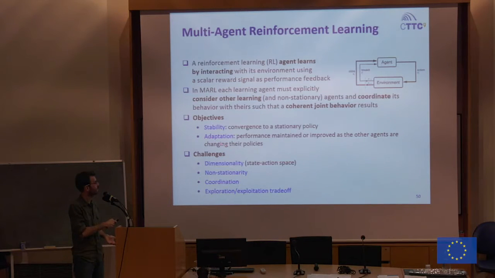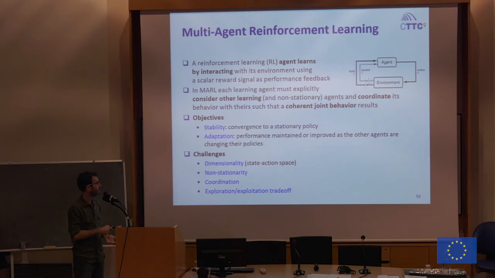And then some adaptation, as I said before. I need the performance of the agents and of the whole system to be at least maintained or improved over time. Otherwise, there is no change; I'm not learning. Then there are some challenges when I have to face this multi-agent problem. The first one is due to complexity: the state-action space could be very big, so there is a dimensionality problem.